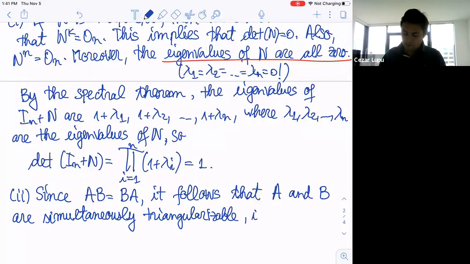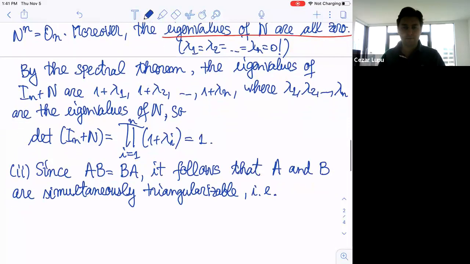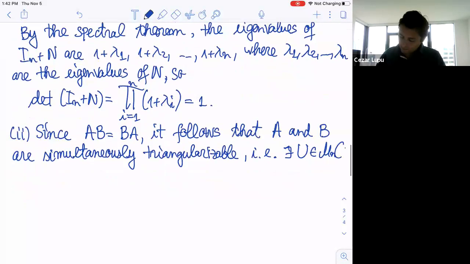Which means that there exists a unitary matrix. So, Aaron, you're talking about some unitary matrices. Well, so there exists a unitary matrix, with complex entries, unitary.